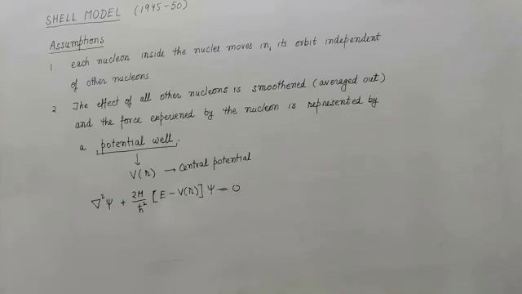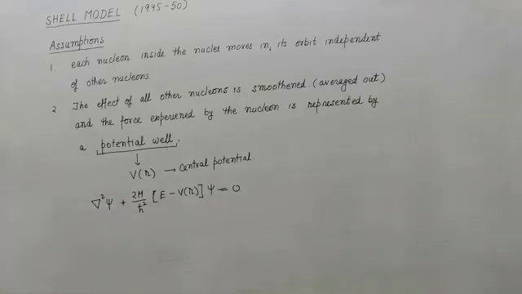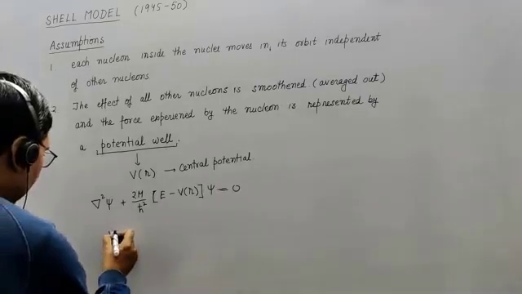We will substitute the central potential here, and by solving this Schrodinger equation, one can find the energy eigenvalues, or the energy carried by these nucleons in different shells present inside the nuclei. From quantum mechanics, we know the solution will be like this.